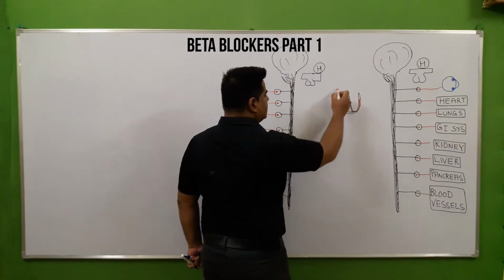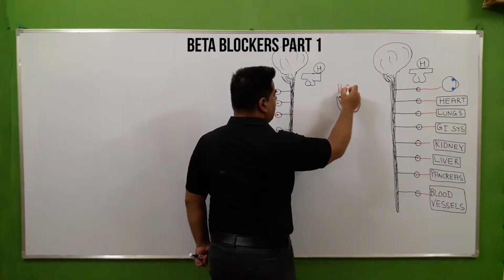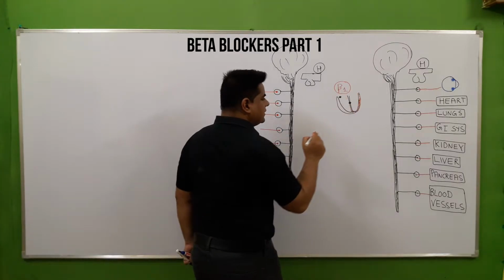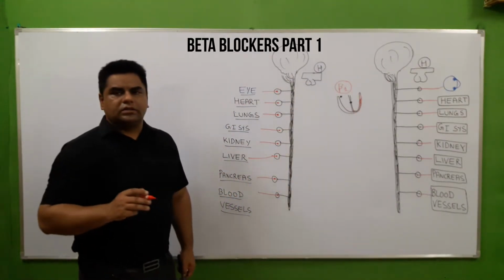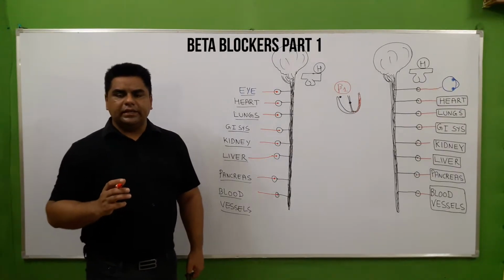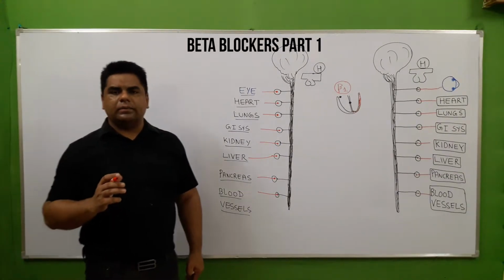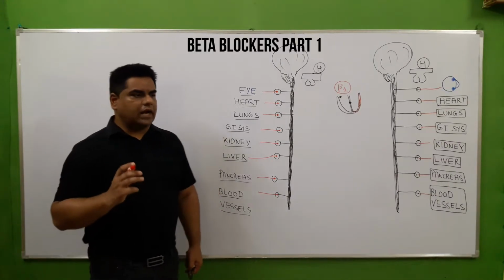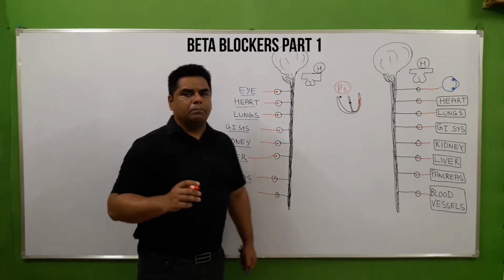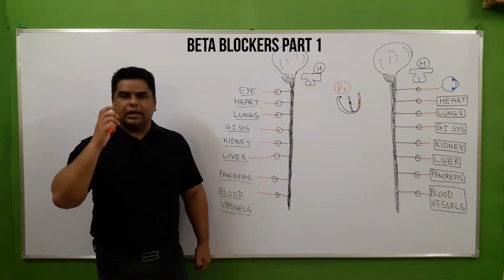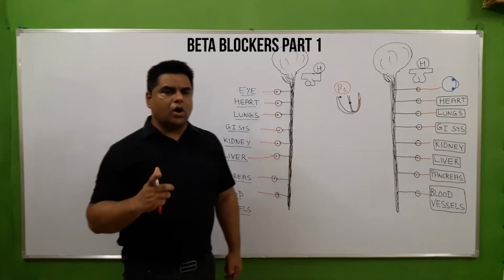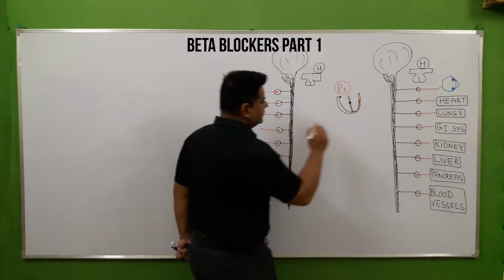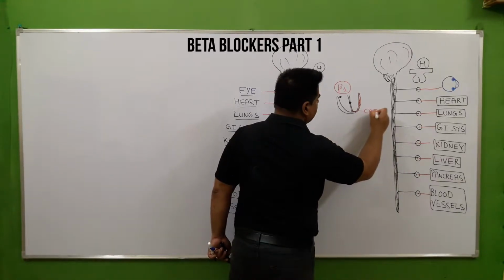When these beta 1 receptors are stimulated by norepinephrine and epinephrine, the contraction ability of the myocardium layer increases, leading to increased loading of calcium in the myocardium layer.